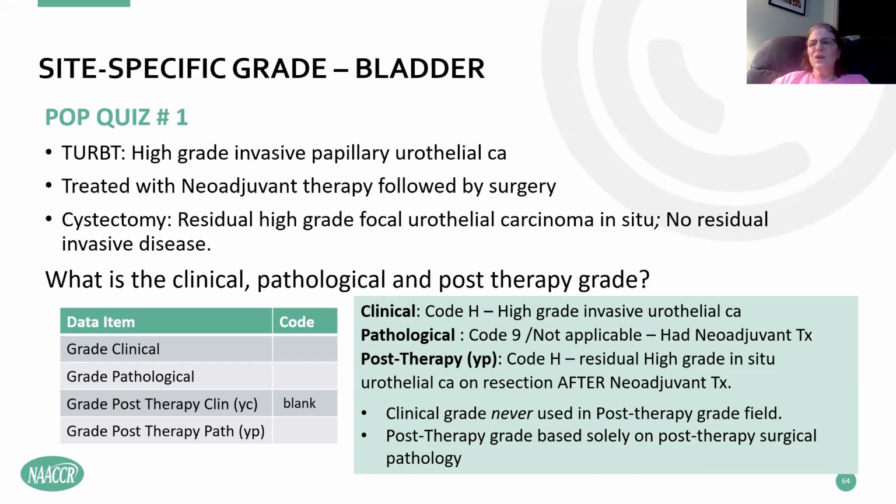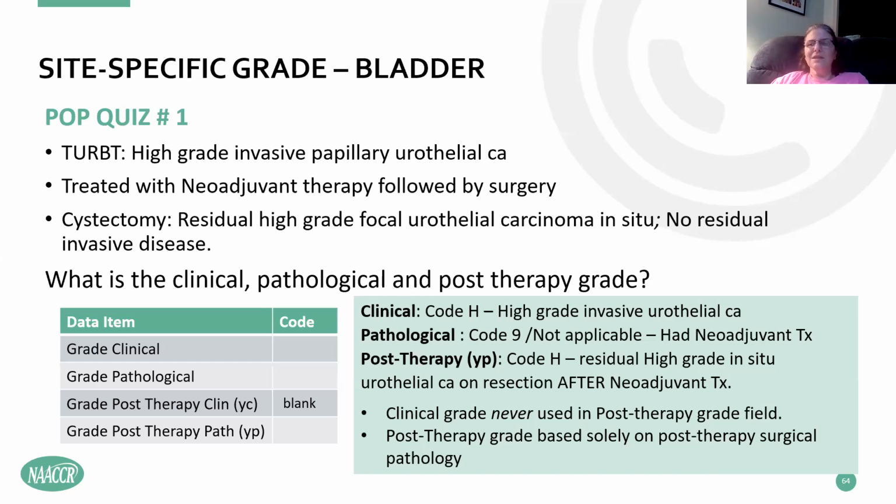So your clinical is code H, the high-grade invasive urothelial carcinoma. So path is code 9 because we have neoadjuvant therapy. Post-therapy, residual high-grade in situ urothelial cancer on resection after neoadjuvant therapy.